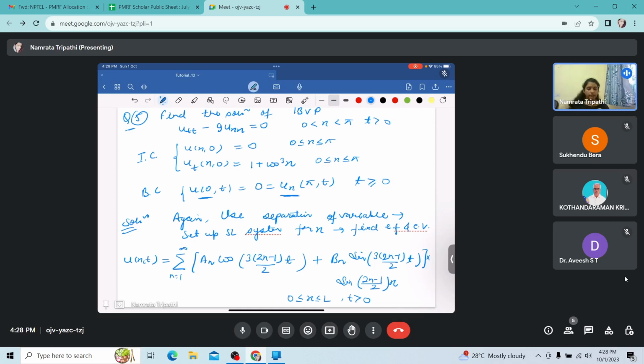So this will be the solution for this expression. You can solve by variable separable and the SL system for x. You will get the eigenvalues like ((2n minus 1)/2) whole square. Okay.